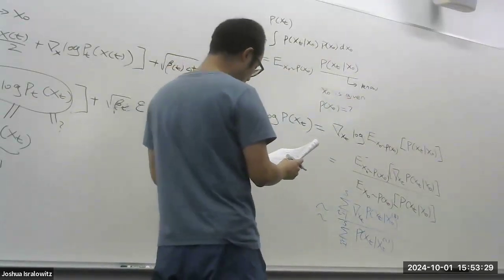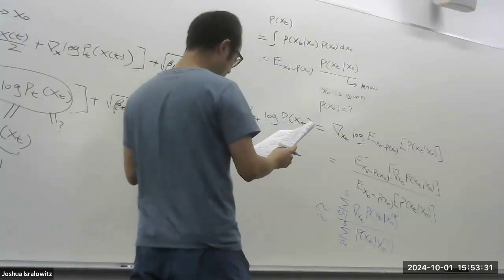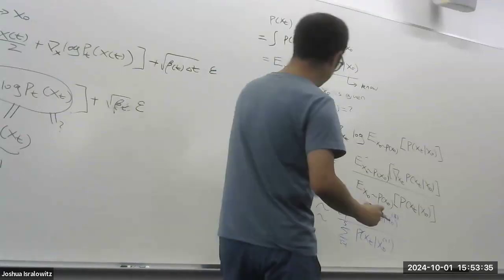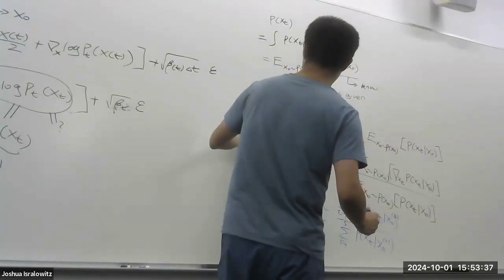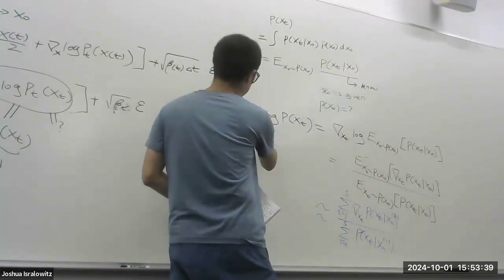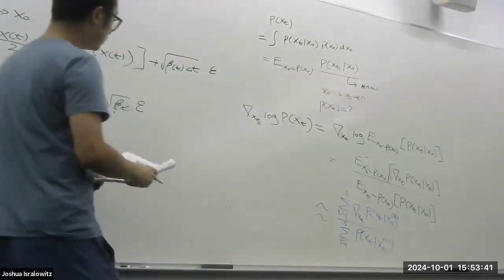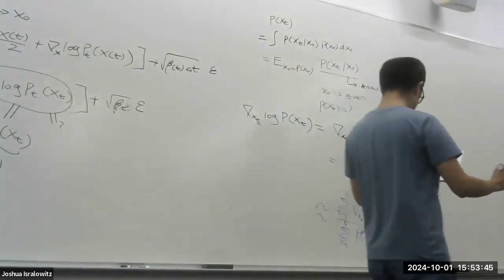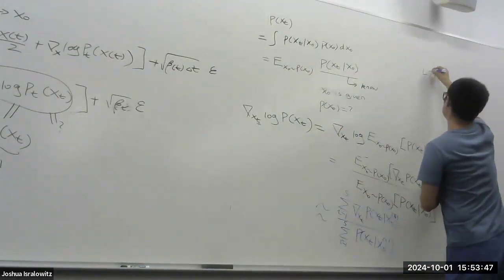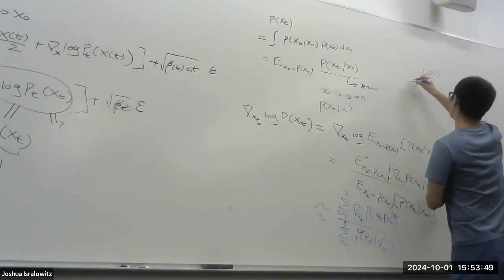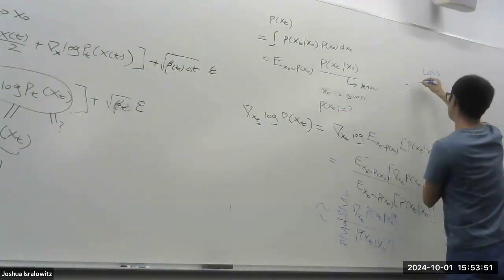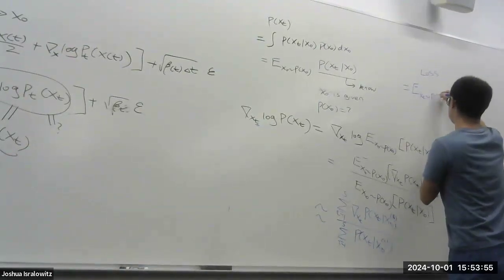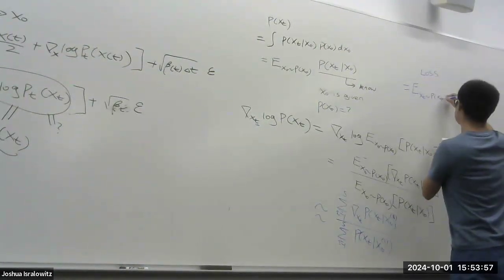Okay, so if that's the case, this is just an example for a fixed t. Then what you can do is propose your loss function. You also need to work on xt, so you need to sample xt here.